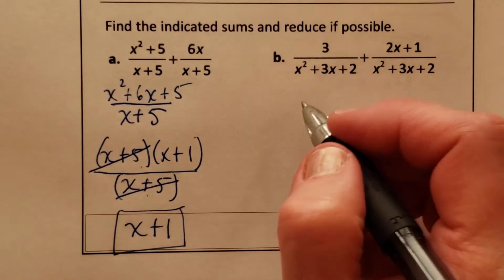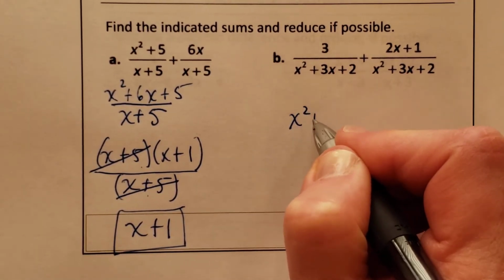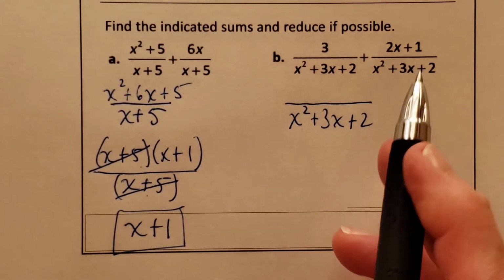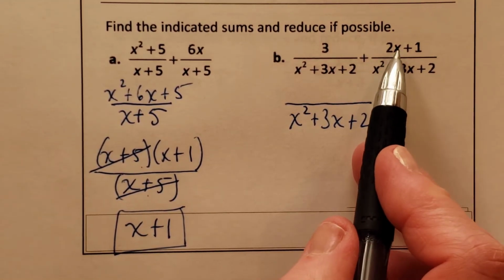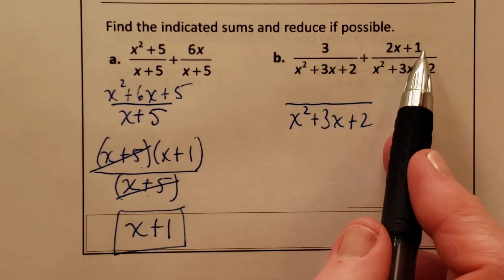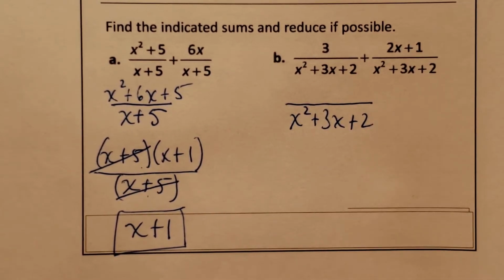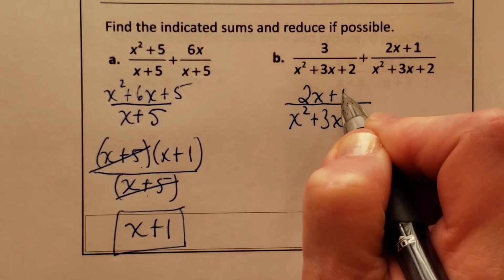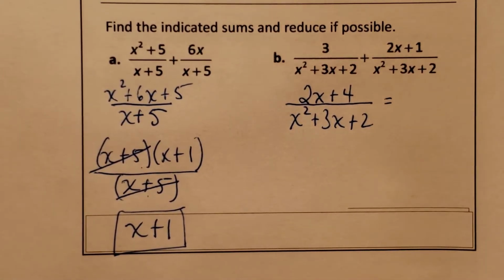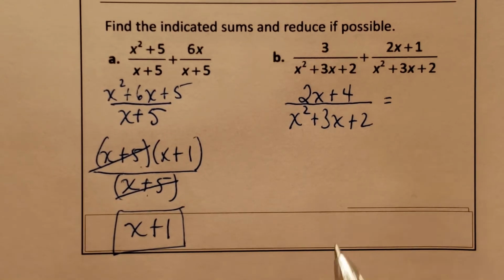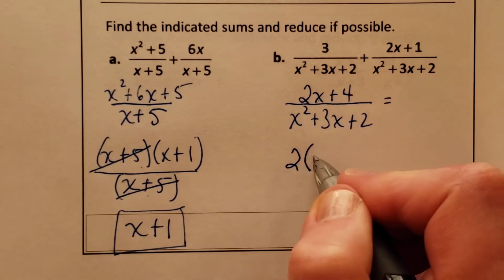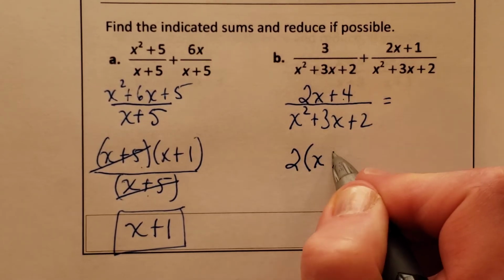Letter B, I'm going to use my denominator just as I see it. Now I have 2x plus 1 plus 3. Since 1 and 3 are like terms, I'm going to add those, so I get 2x plus 4. Now I want to reduce if possible. In the numerator, I can pull out a 2. So 2x divided by 2 is x, and 4 divided by 2 is 2.